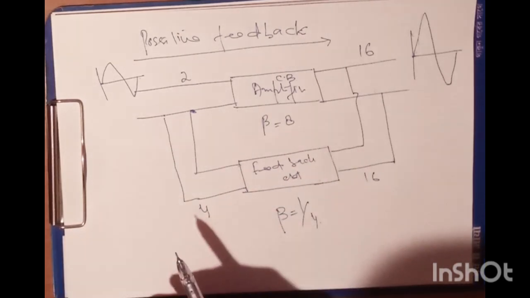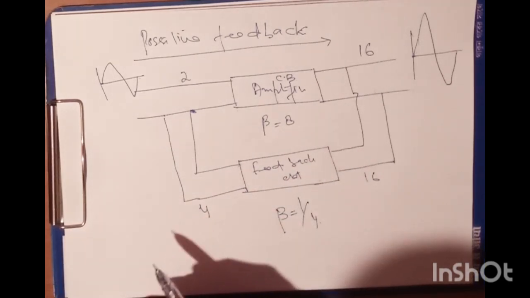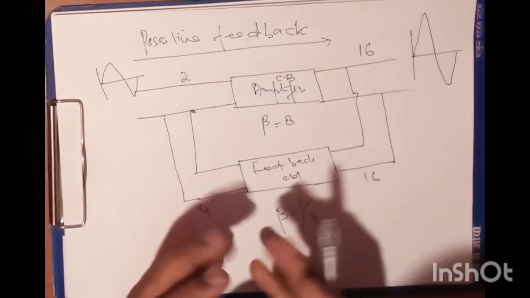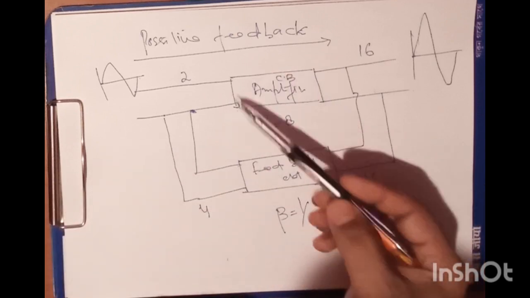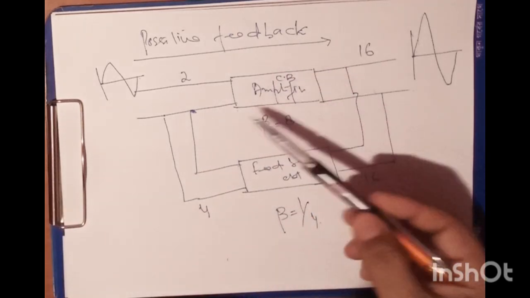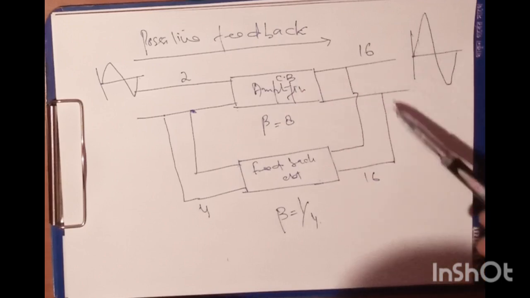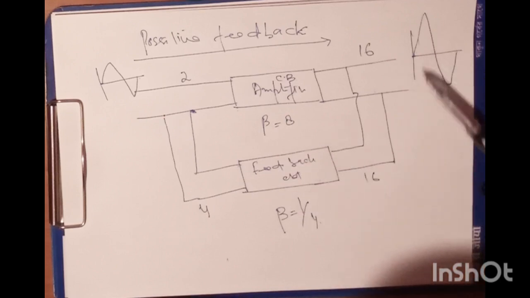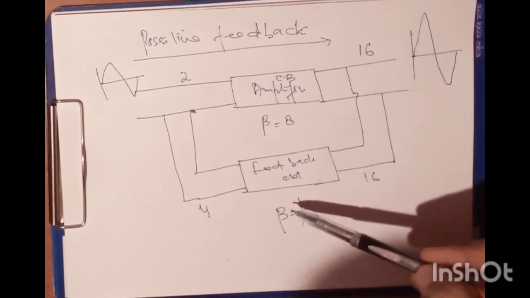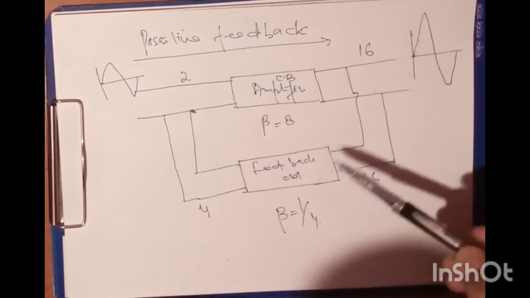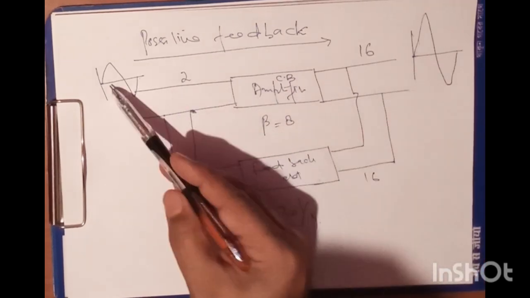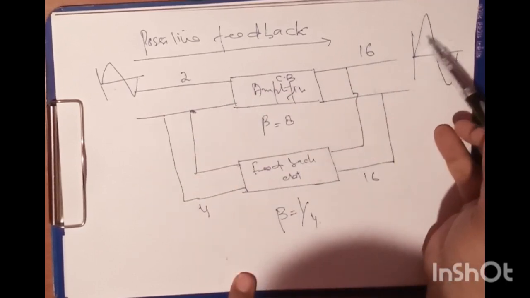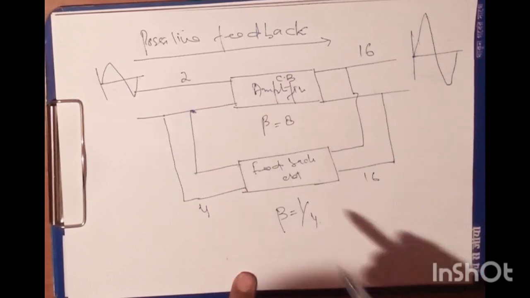So the point is obvious here, that in case of positive feedback, you have an input, you amplify that input through the amplifier, and this amplified signal is sent back through the feedback circuit, where its magnitude is brought down. And once the magnitude is brought down, we can see that the output has the same phase as that of the input signal.